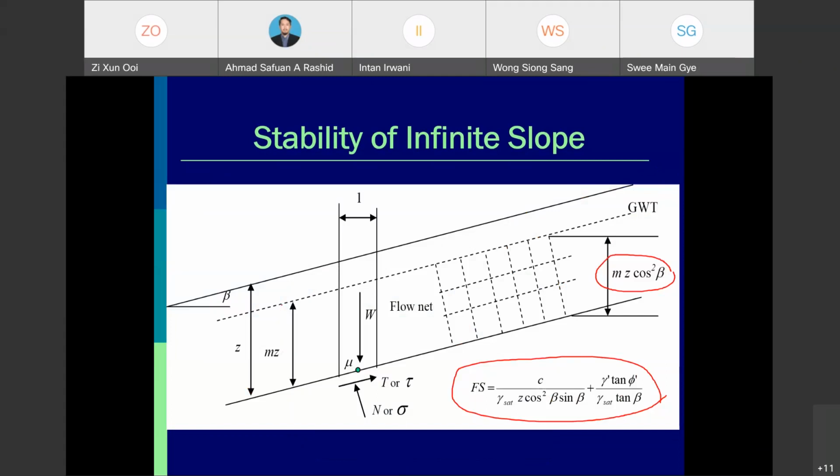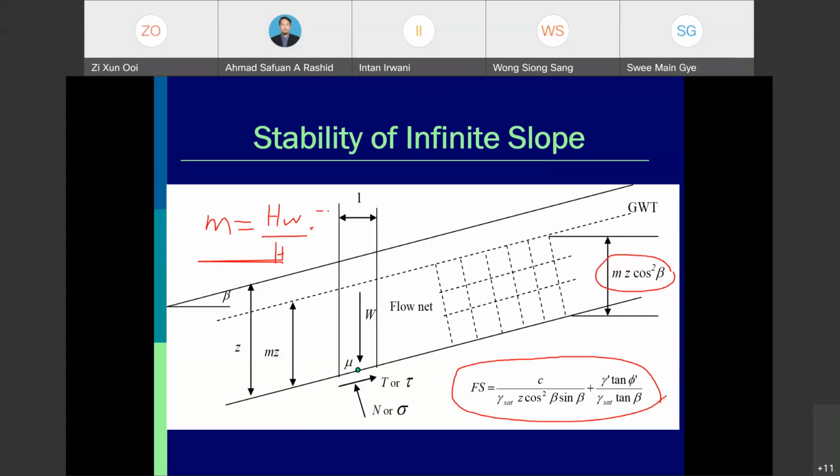So in order to solve this kind of problem, we may use the M value. So what is M? M is the height, for example, of the water over the total height of the slope.